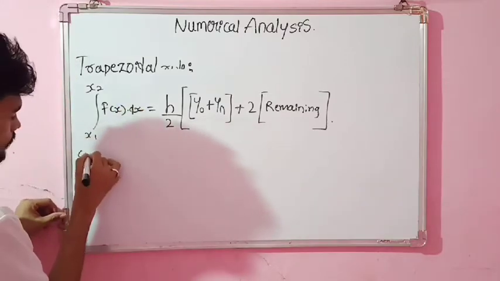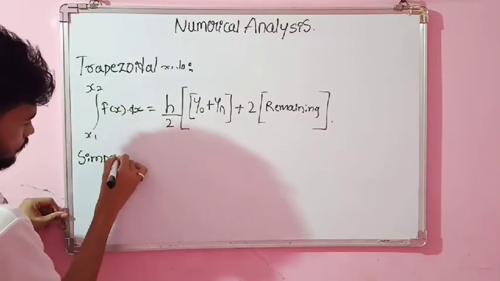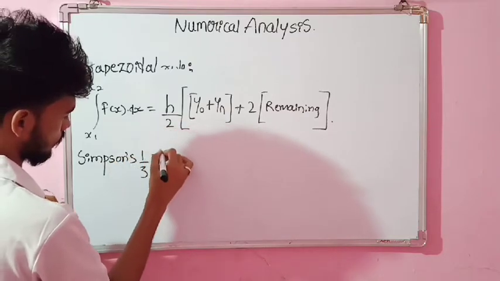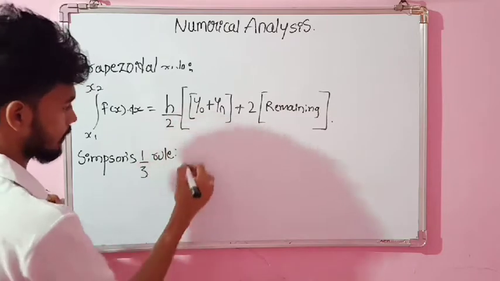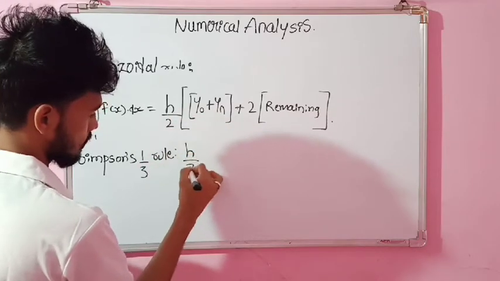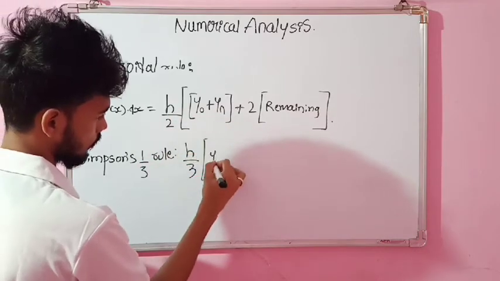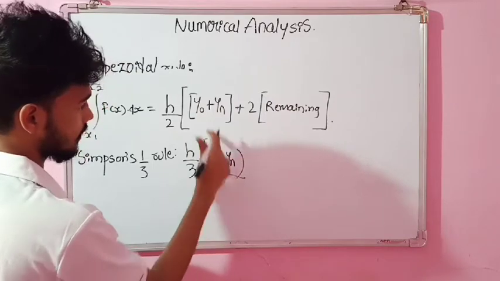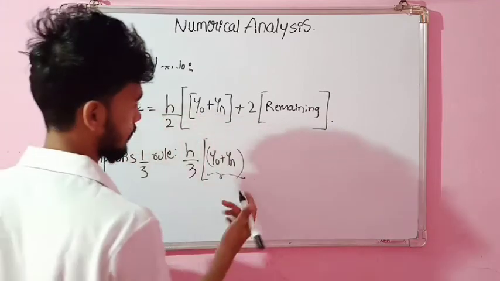Next, Simpson's 1/3 rule. It's given by h by 3 times y0 plus yn. This term y0 plus yn is common in all three formulas.